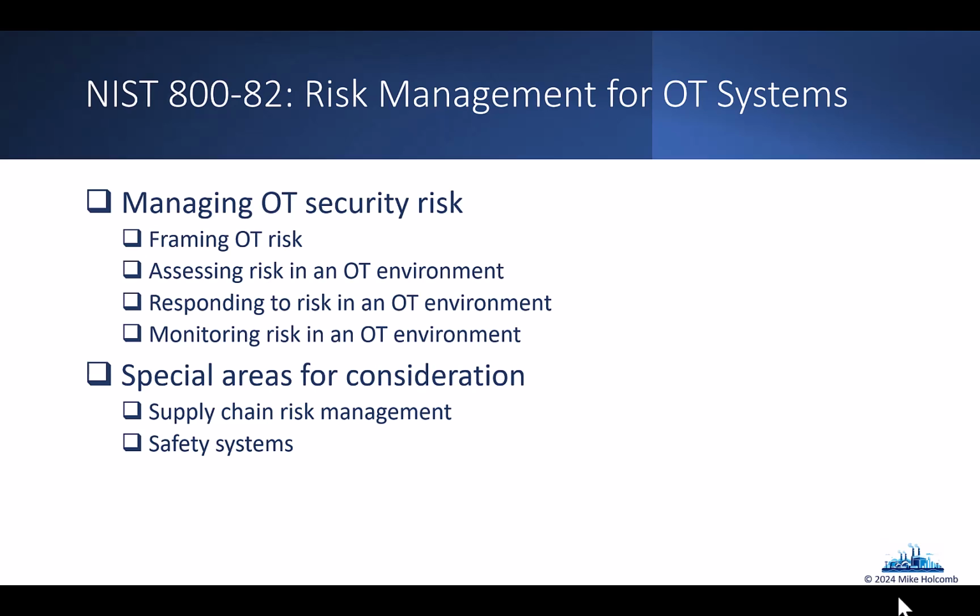And it kind of references back to the last example that we were talking about with deploying Microsoft Patch Tuesday patches, and then safety instrumented systems. Remember our fail-safe backup system.